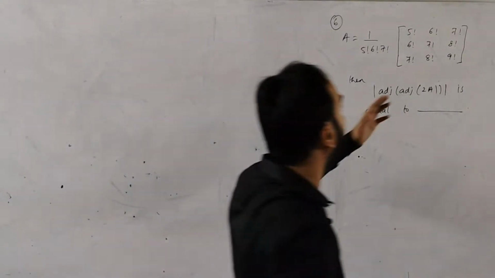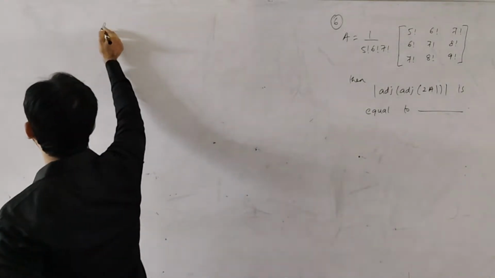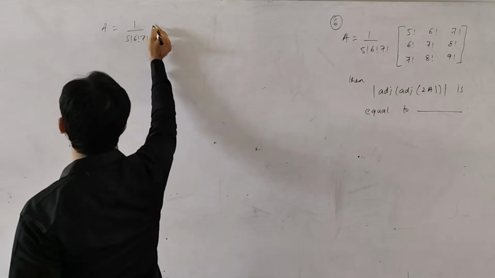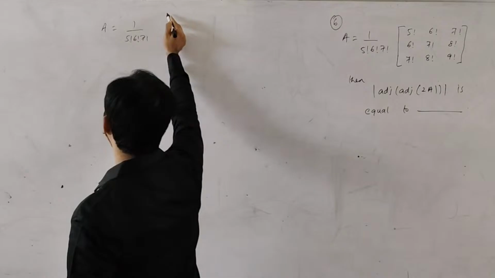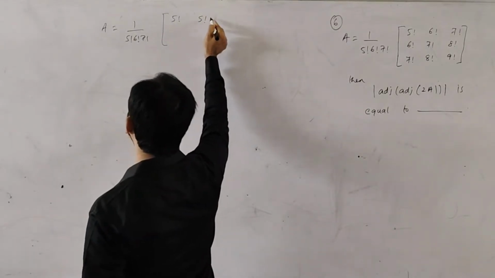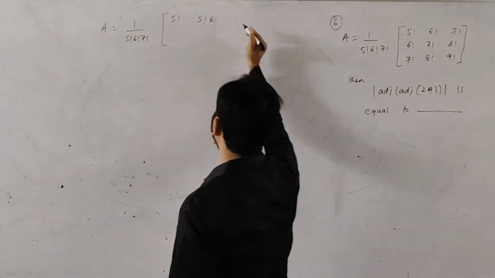What can we take common from the first row? Let's suppose this is 1, 5 factorial, 6 factorial, 7 factorial. Or first write it down, to make it simple for you. I can write 6 factorial as 5 factorial into 6. Correct, no? And 7 factorial can be written as what?